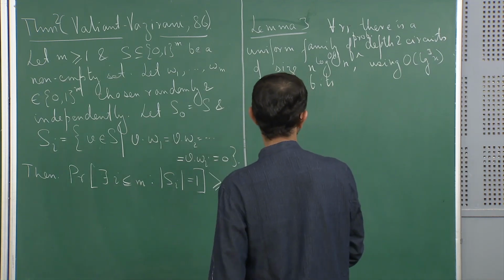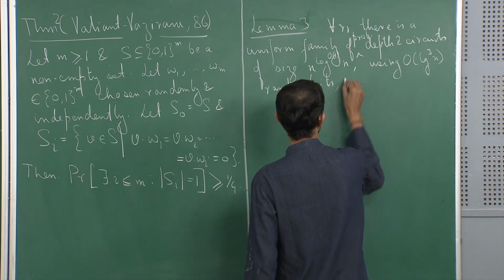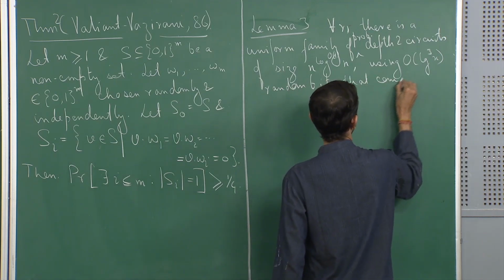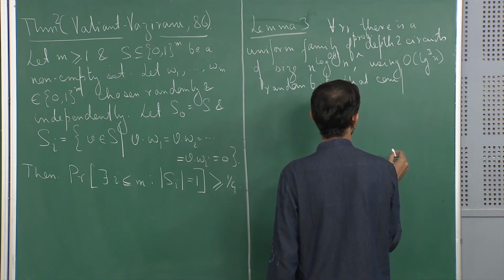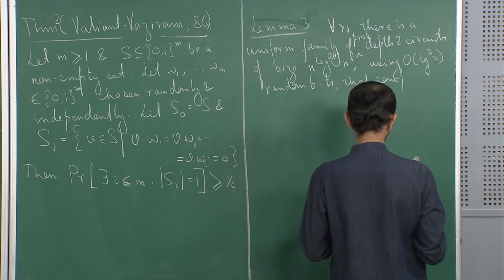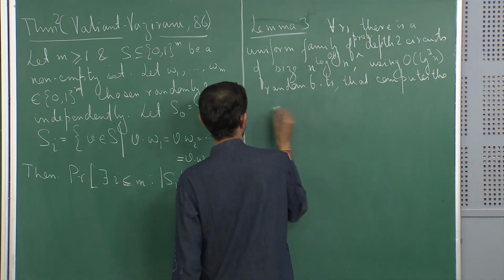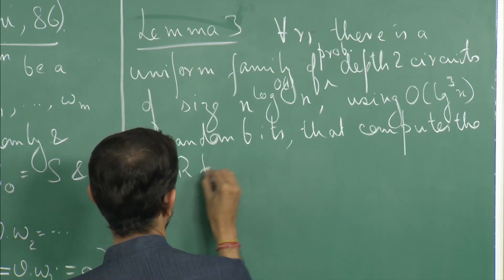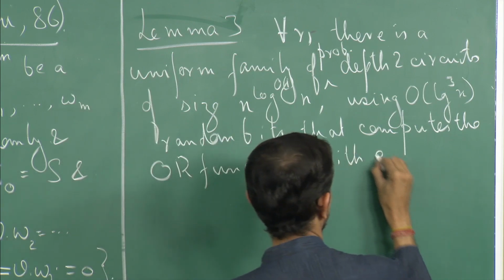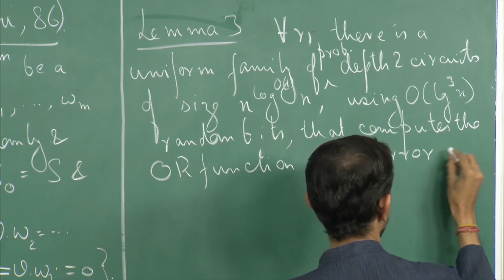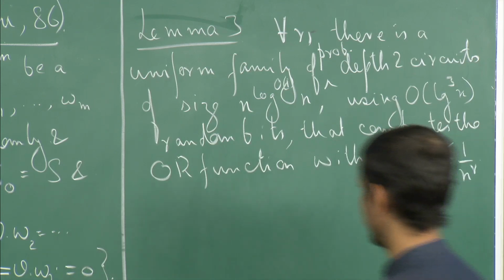For all r, there is a uniform family of probabilistic depth two circuits of size polylog using log cube n random bits that computes the OR function with error at most 1 over n to the power r.